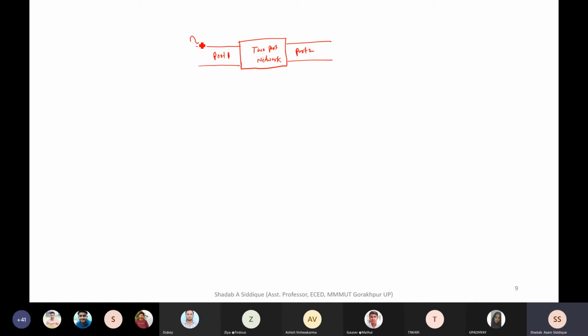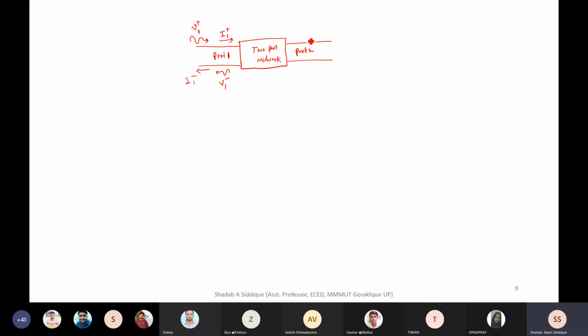Let us consider a voltage wave coming from this side, called V1 plus, where plus means incident wave, and the current going in is I1 plus. There will be a reflected wave called V1 minus, and the current coming out is I1 minus.